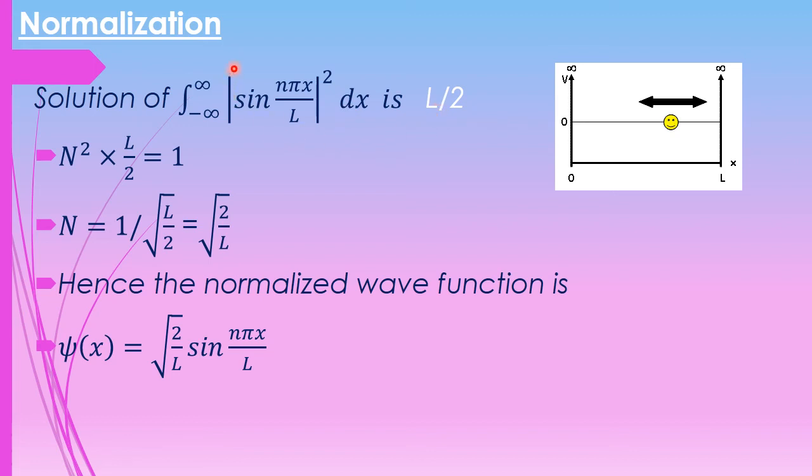Now I substitute this in the above equation. I get N squared times L by 2 is equal to 1, and N is equal to root of 2 by L. Hence the function is normalized.